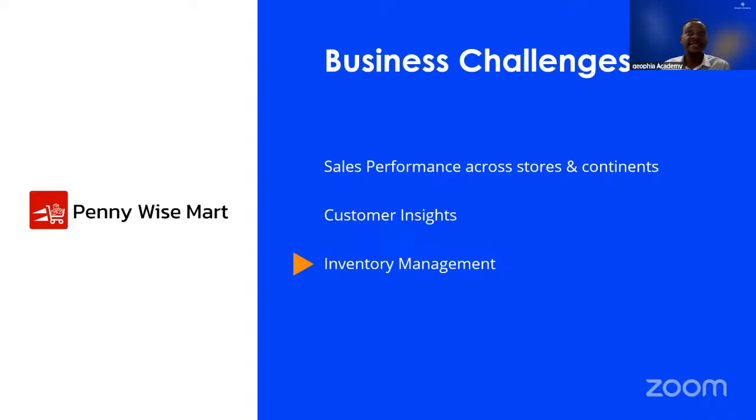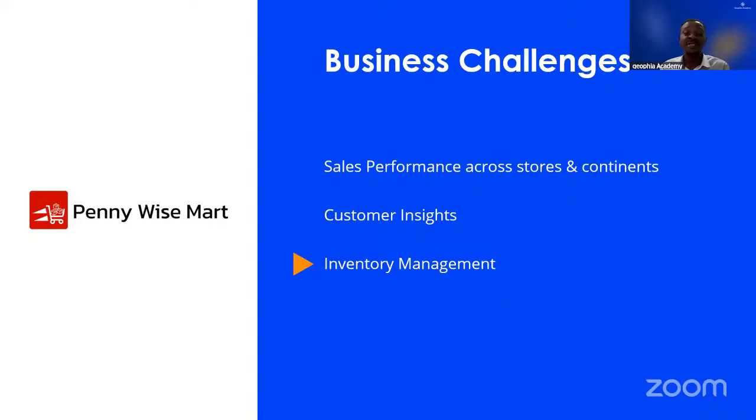If you own a business and you don't know when the sale of a particular product goes up, it's a problem, because you may end up ordering a lot of products that may not get sold immediately, and that's a problem. So Pennywise is trying as much as they can to avoid this kind of problem. Well, because they have data, using data analytics, these problems can be solved. And that is what they did.